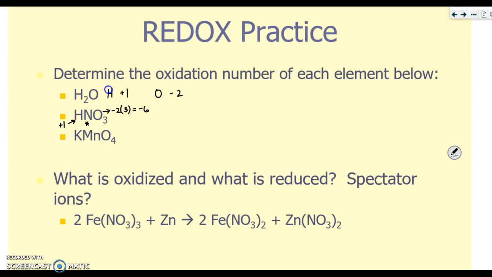If that doesn't work very well in your head quickly, you can also do this. 1 plus N, because we don't know what it is, minus the 6 for the oxygen equals 0, and you can solve algebraically, and you get that N equals +5. Please pause the video and try the next practice problem.